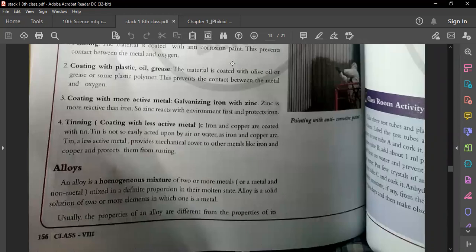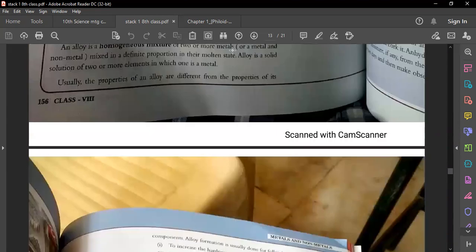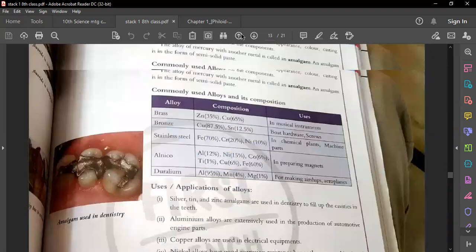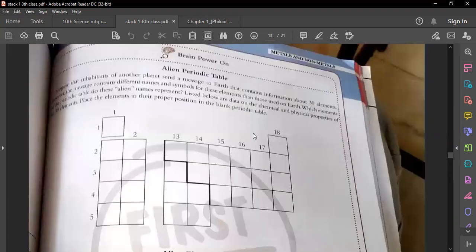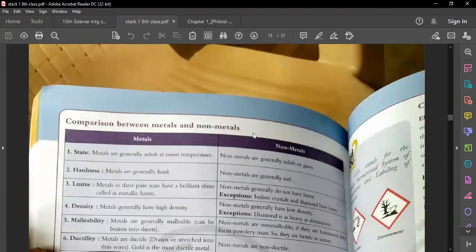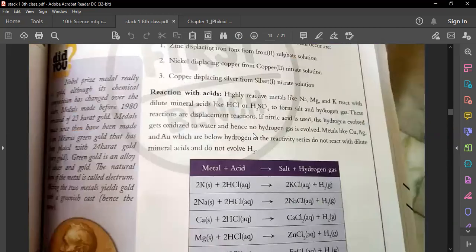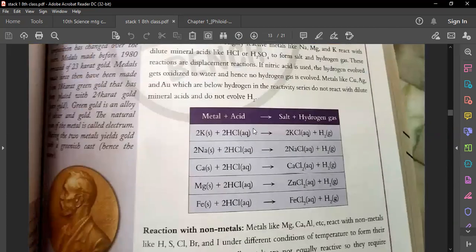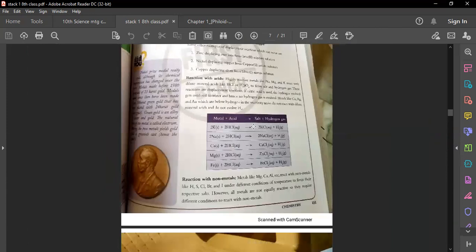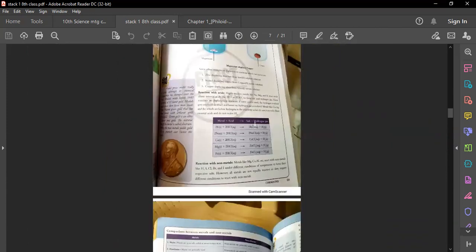Painting, coating with plastic, oil, grease. Okay, reaction of metals with acids. What will happen whenever a metal reacts with an acid? They form salt plus hydrogen. Very good.